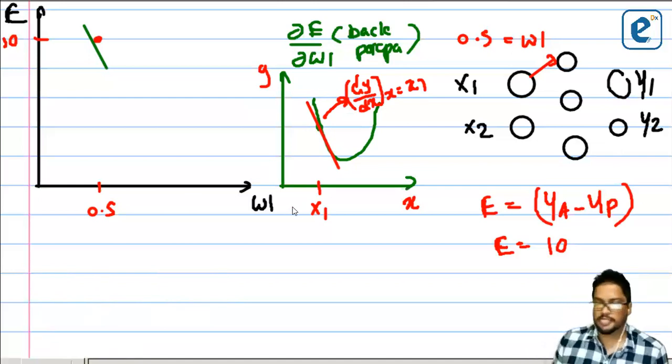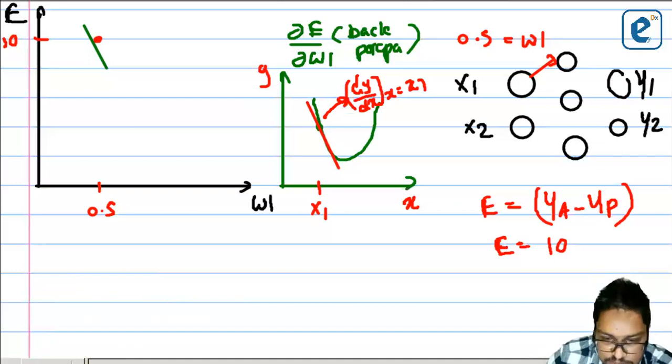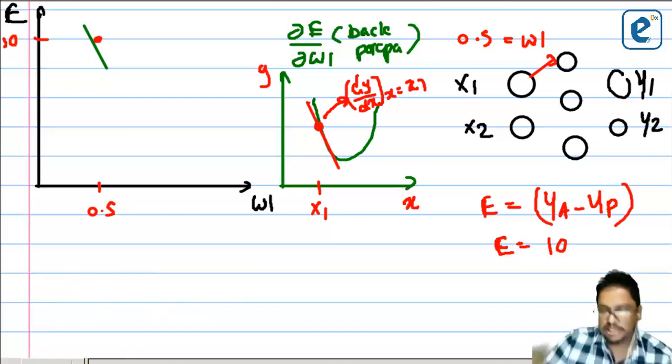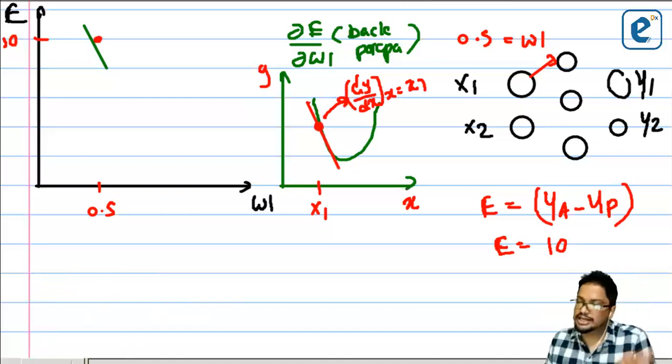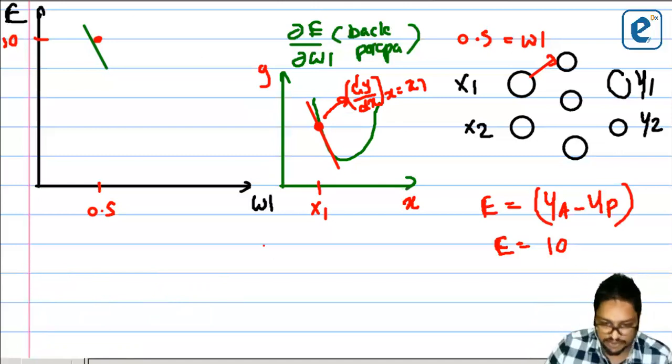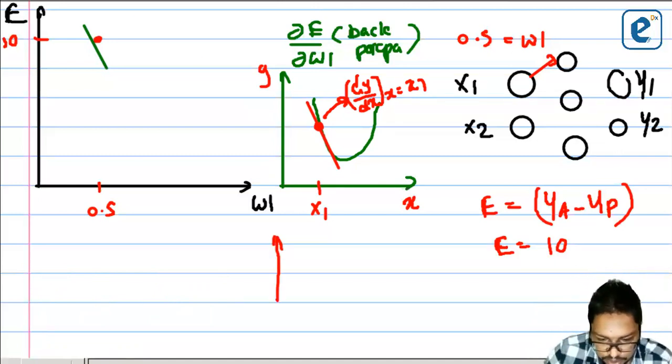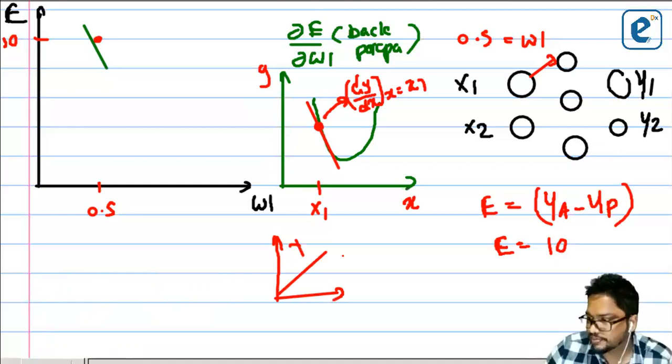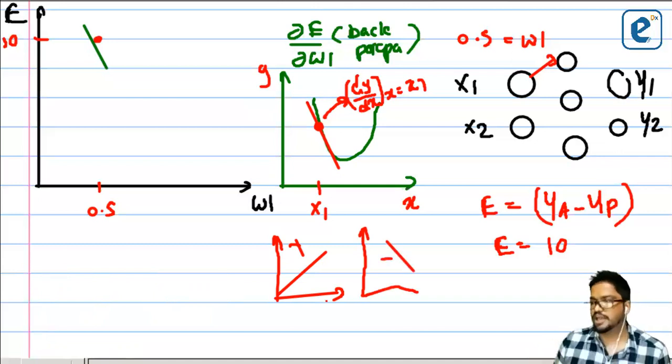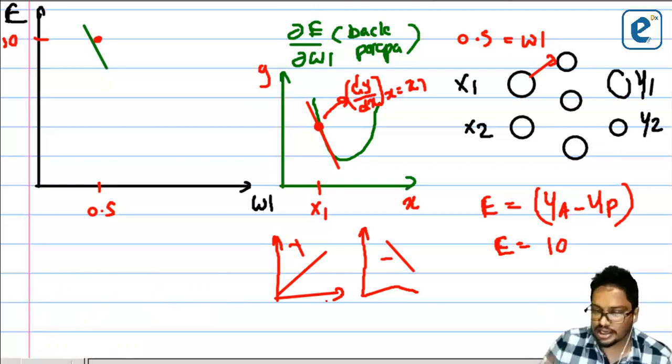Now, can you see at this point the gradient is negative? That's something you should know from your O-level maths. This gradient is positive, and this gradient is considered to be negative. So here it's a negative gradient.